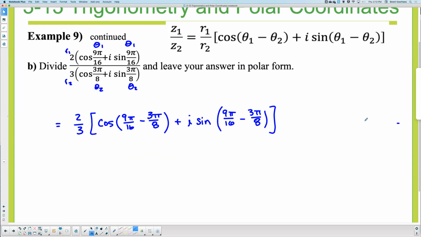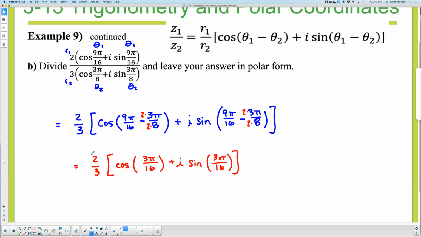And so to simplify, again, like the last problem, I get a common denominator. So I'm going to multiply this by 2 over 2, which is multiplying by 1. That gets me a common denominator. So I'll have 2/3 cosine of 9 pi over 16 minus, that's going to be 6 pi over 16, which gives 3 pi over 16, plus I sine of, again, 3 pi over 16.